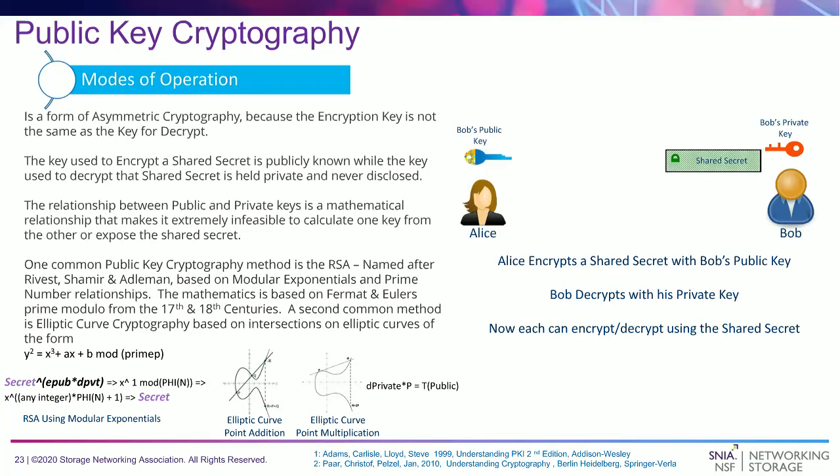So you could be, and it's a bad time for me to use this example, at a party and say, hey, I want you to send me a secret message.